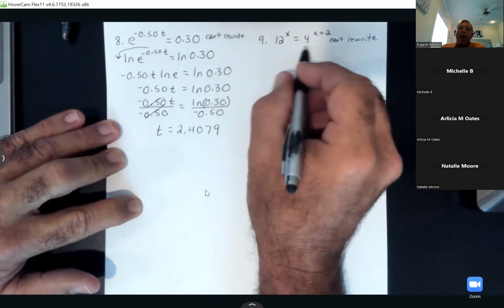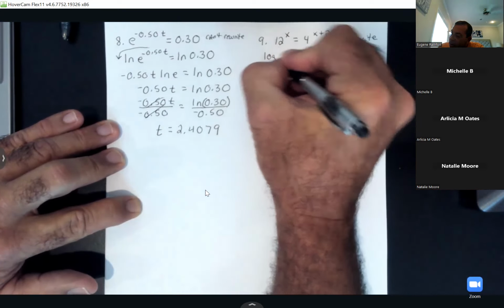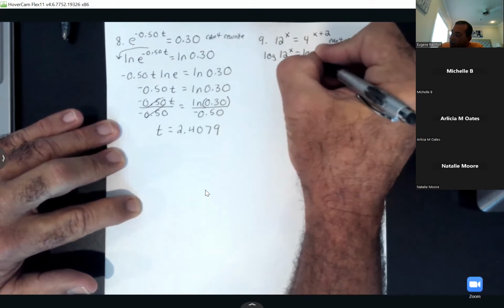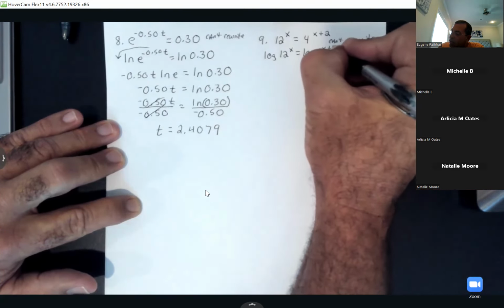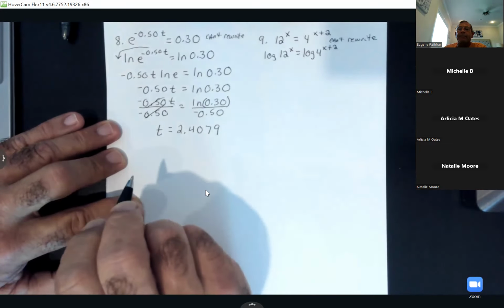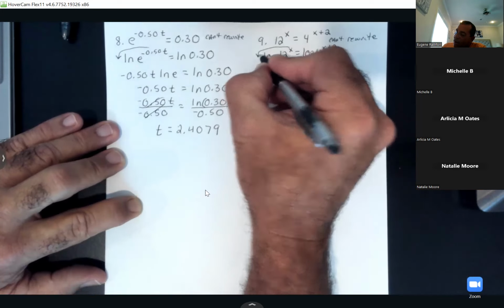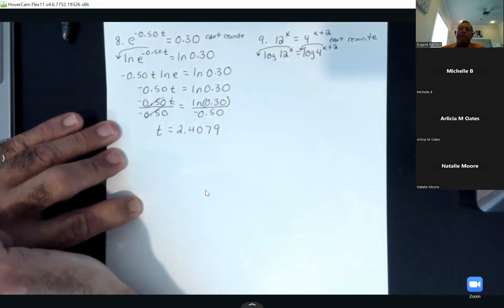So I'm going to take logs on this one because I don't have the E. So a log of 12 to the x equals log of 4 to the x plus 2. We did that so that we can bring all these exponents down to the front.